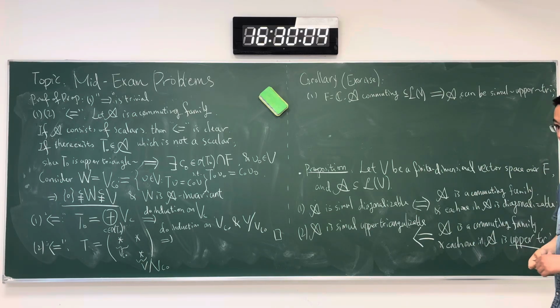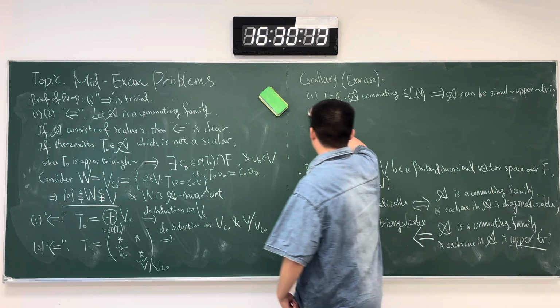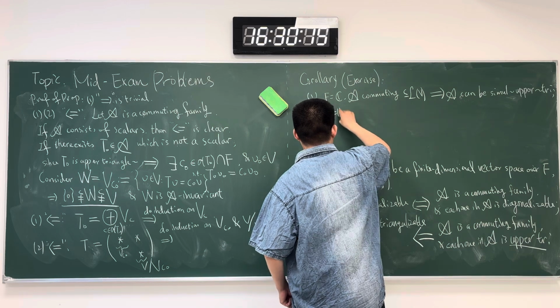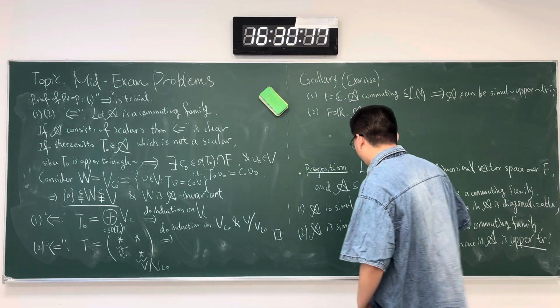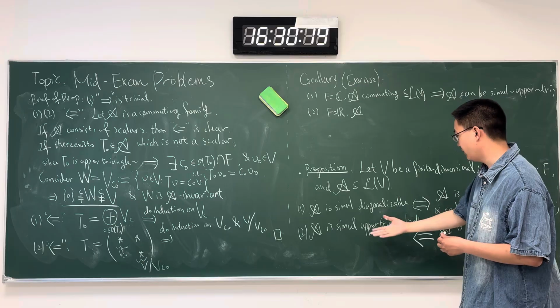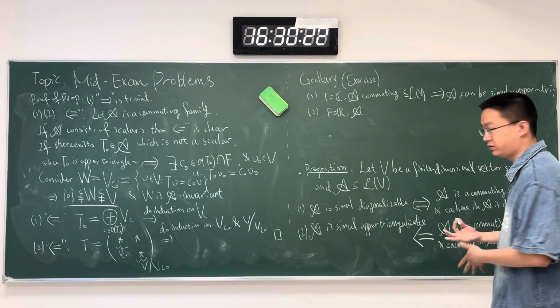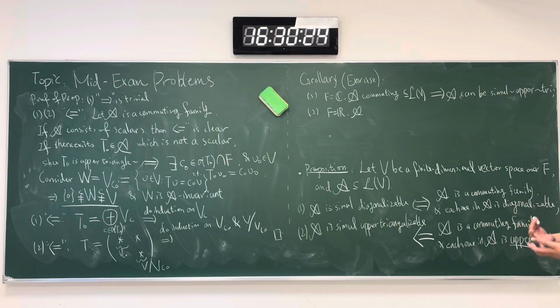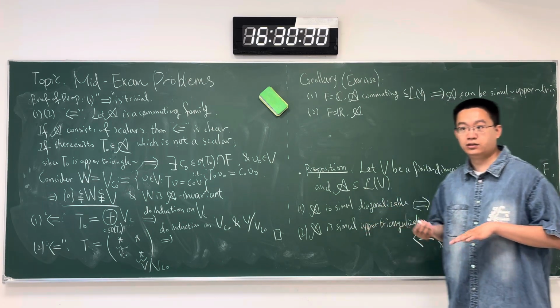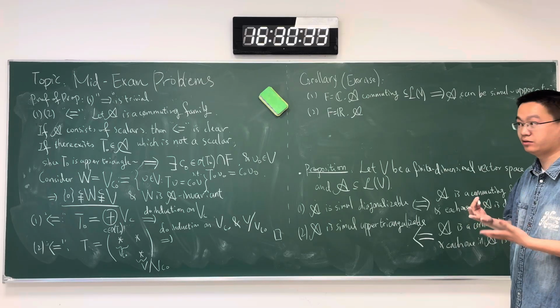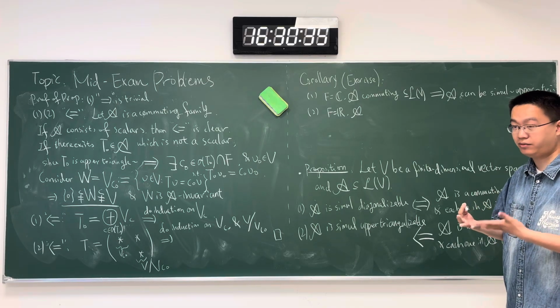And what about if we work over a non-algebraically closed field, say the field of real numbers? Then in this case, we cannot expect that the family is simultaneously upper triangularizable, since a real linear transformation may not have its eigenvalue over the field of real numbers. But of course, it will have a complex conjugate.